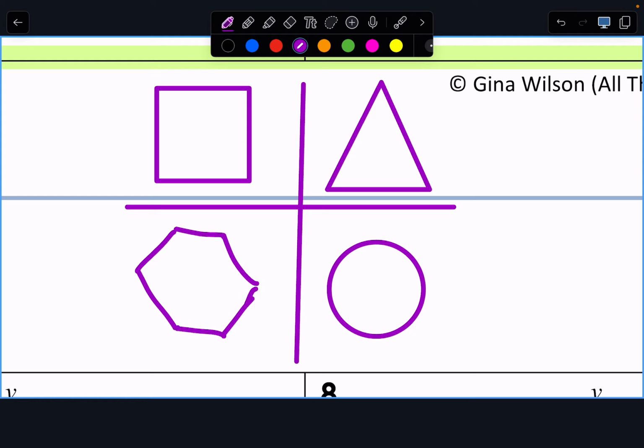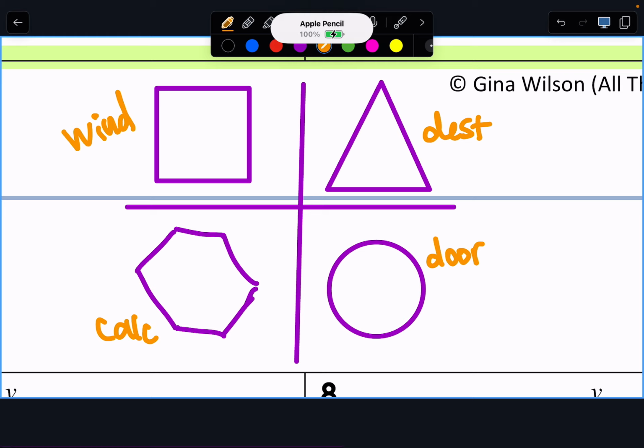If you have a circle, I want you to take your notebook and go stand by the door. Triangle by my desk. Square by the window. Hexagon by my calculators. And I want you to compare the answers for those two problems. Ready, set, go.